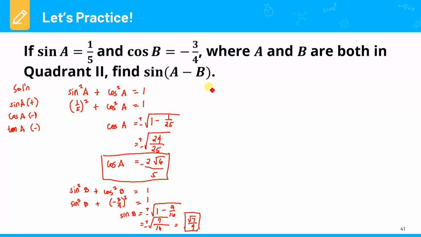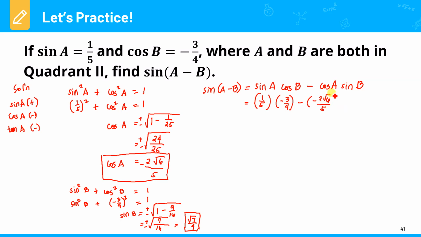So you have sine of A minus B is equal to sine A cosine B minus cosine A sine B. Substitute: our sine A is 1/5, our cosine B is negative 3/4, minus our cosine A, which is negative 2 square root of 6 over 5, and our sine B is square root of 7 over 4.